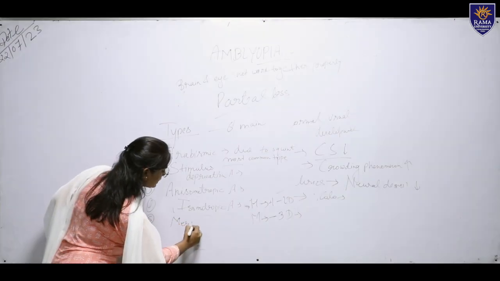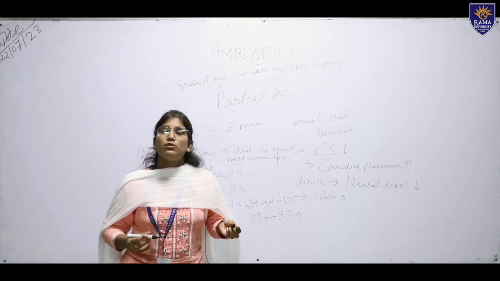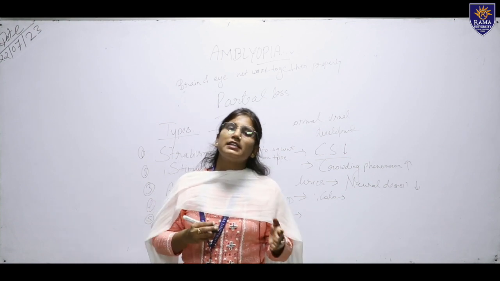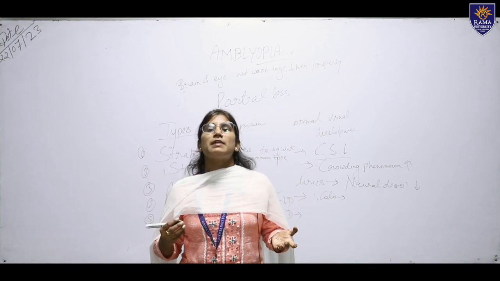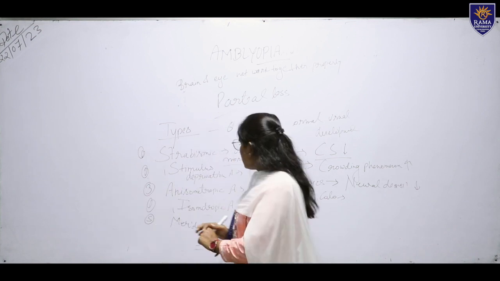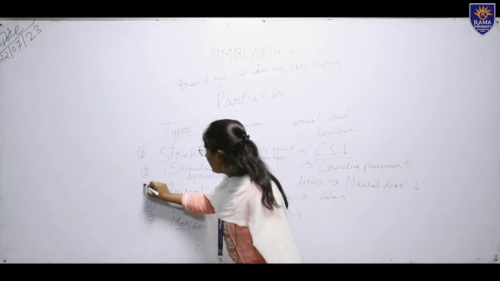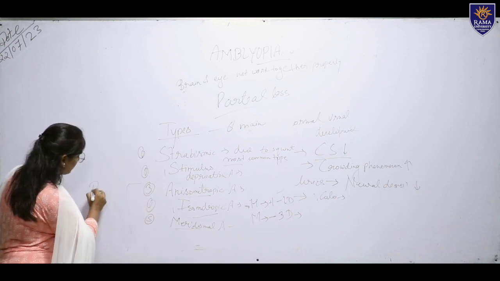Next one is meridional amblyopia. Meridional means a difference in meridian, which, as indicated, is an astigmatic refractive error. So basically anisometropic and meridional are concluded as types of refractive amblyopia.